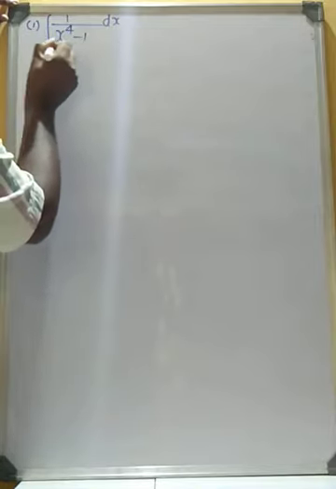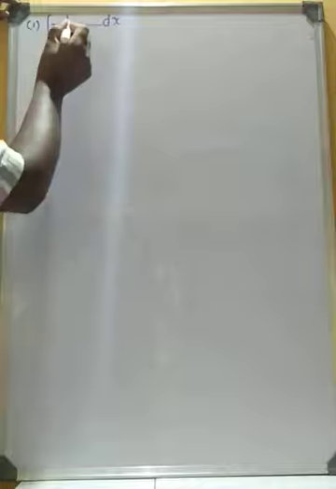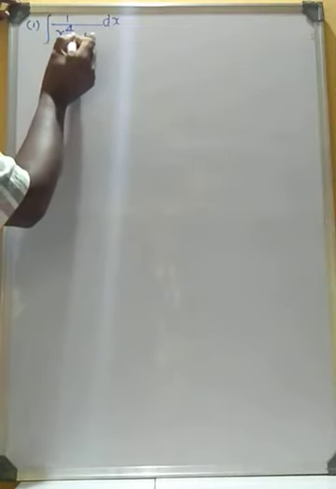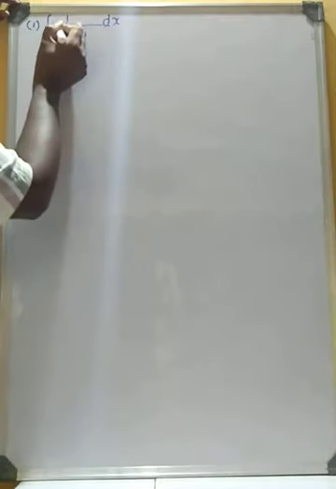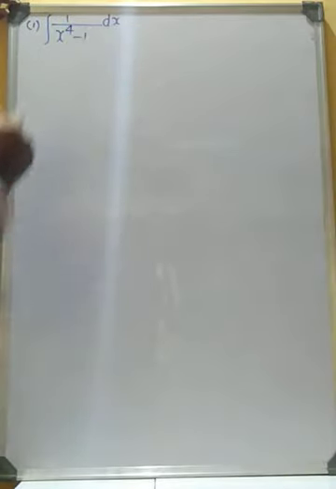So let, here 1 by x to the power of 4 minus 1 is the integrand. This integrand is a proper rational function.